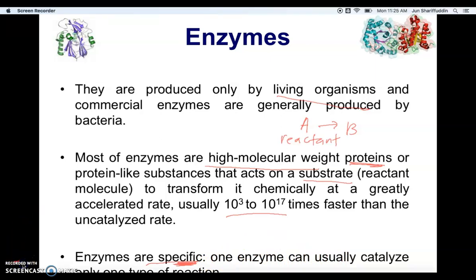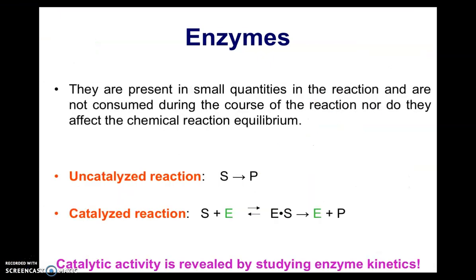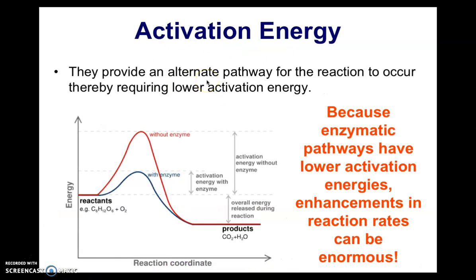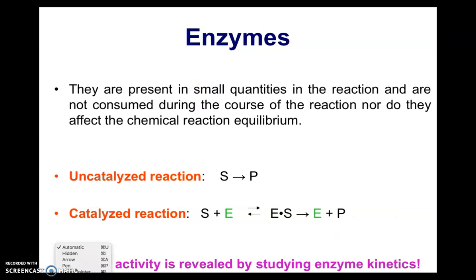The next one we're going to learn is the reaction steps involved in the use of enzyme. Enzymes are present in small quantities and are not consumed during the reaction.